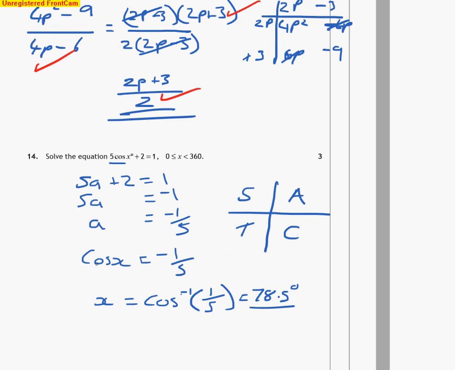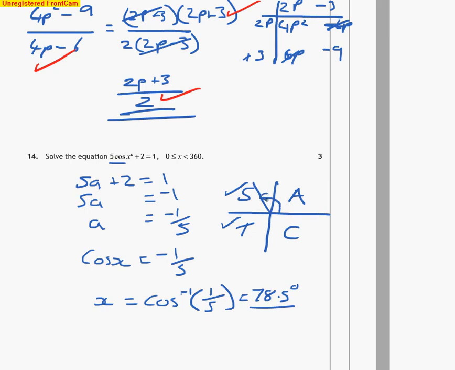Now we've got cos x of minus a fifth, so we're looking for when cos is negative. So everything's positive here, and cos is positive here. So we're looking at quadrants 2 and 3. So the angle we're looking for is going to be this angle here.